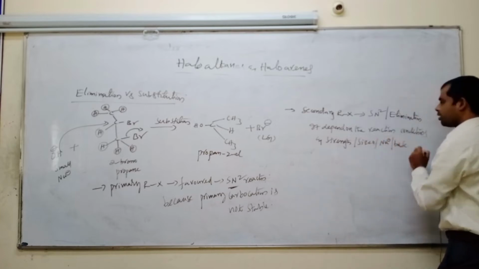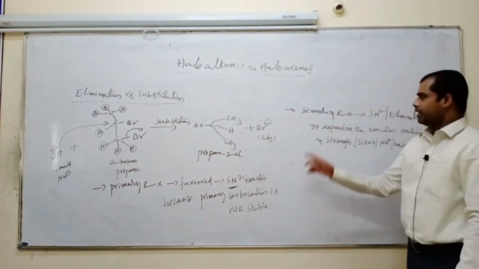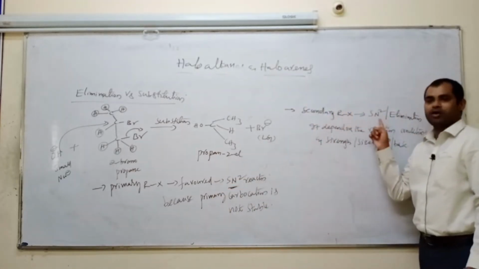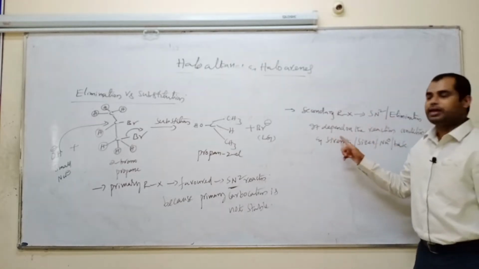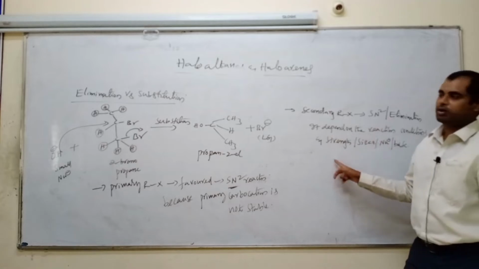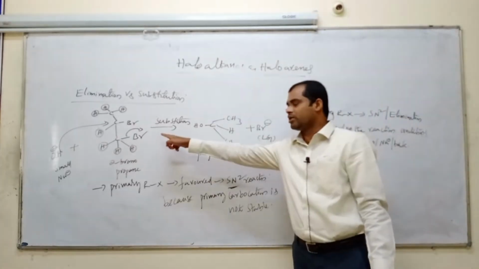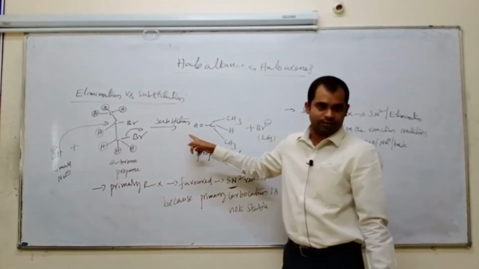That means you can observe that primary alkyl halides always favor the SN2 reaction, whereas secondary alkyl halides favor either SN2 or elimination. How to explain? It depends upon the reaction conditions. Another factor is the size of the nucleophile. If the nucleophile is small, it easily undergoes substitution.